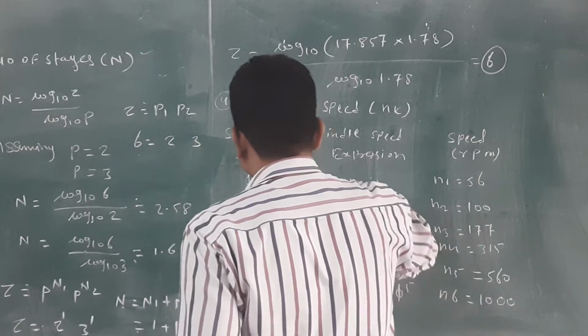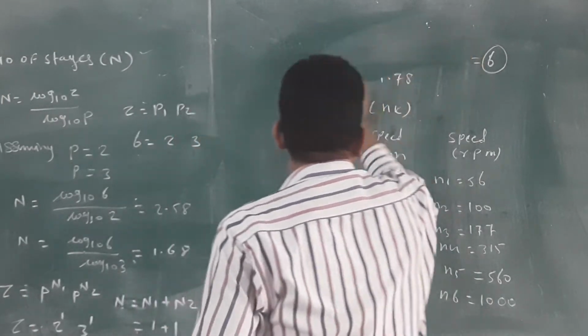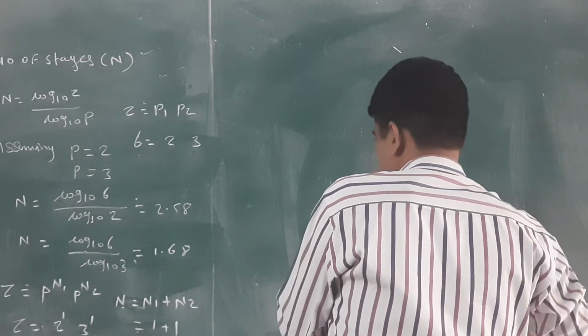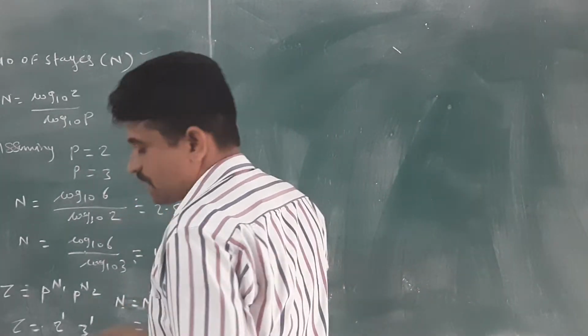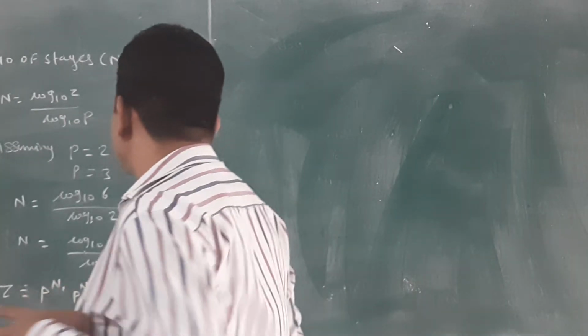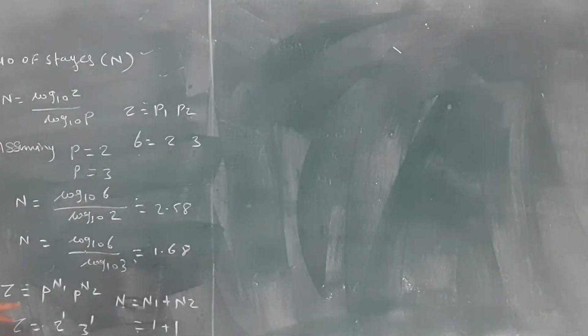In the last numerical we got the answer directly, but in this numerical we want to modify this equation. N is equal to log 10 z divided by log 10 p. How to modify that? Z is equal to p raised to n1, p raised to n2. What is the value of p1 and p2? 2 and 3: 2 raised to 1, 3 raised to 1.